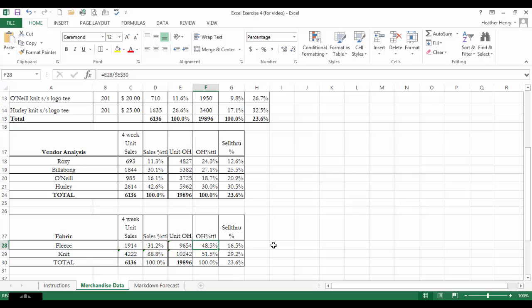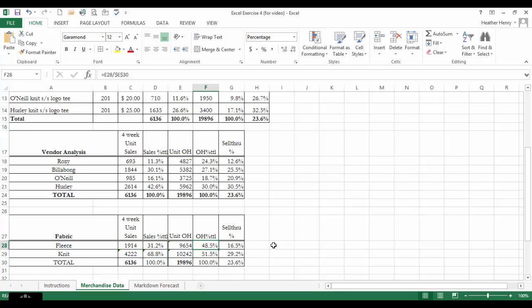About 69% of our sales have come from knits, while only 52% of our inventory accounts for the knits. So there's a lot of opportunity there where we could have had more on-hand units to continue to help drive those sales we are seeing in knits.